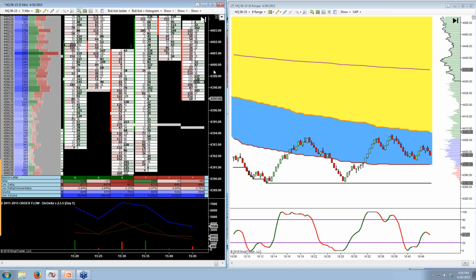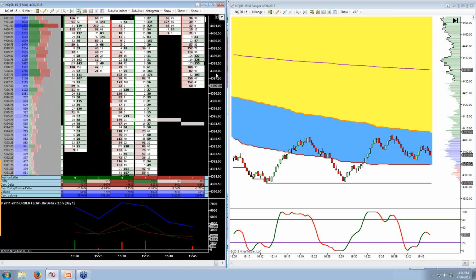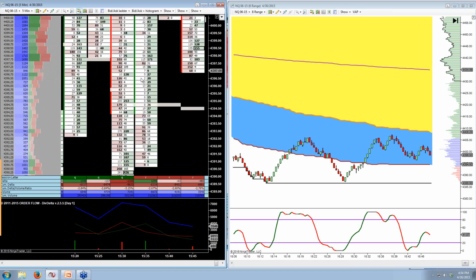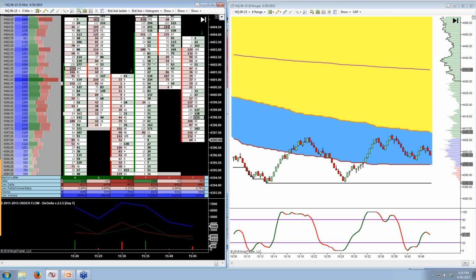But looking at the order flow here, you can see in comparison to the left side where we have the sellers, it's no comparison. 0, 0, 0, 0. Really low numbers compared to these higher numbers on the buy side. And then as it's gaining a little momentum there, you can see that the numbers are increasing on the buy side compared to the sell side, not really doing much of anything.